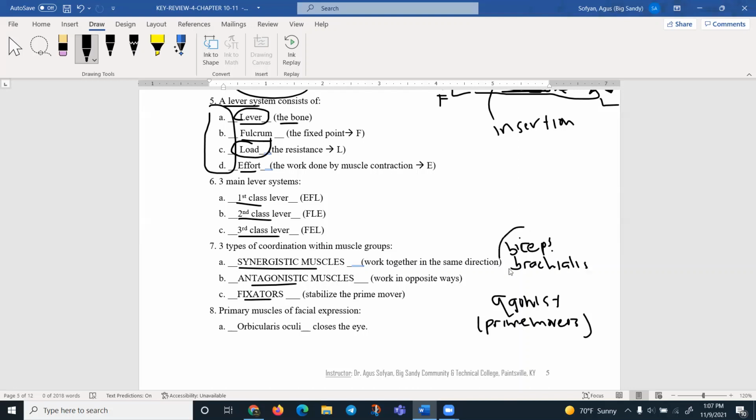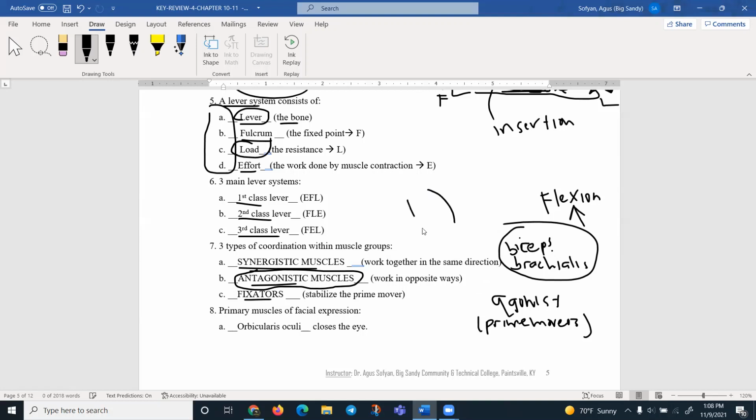So this bicep and brachialis will flex the elbow, and both of them are called the synergistic muscle.